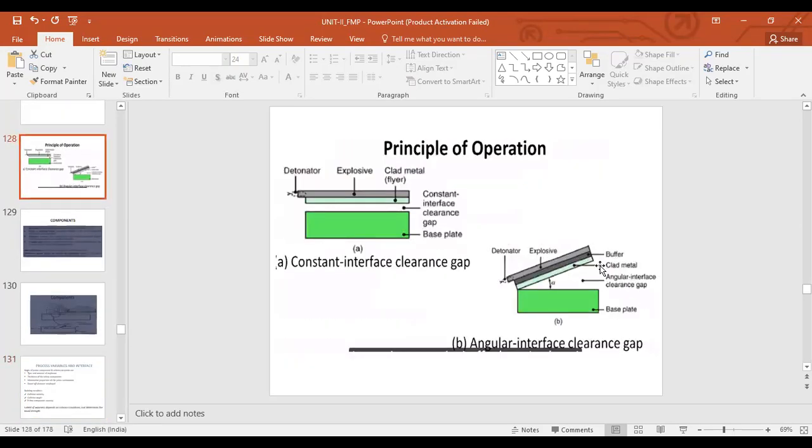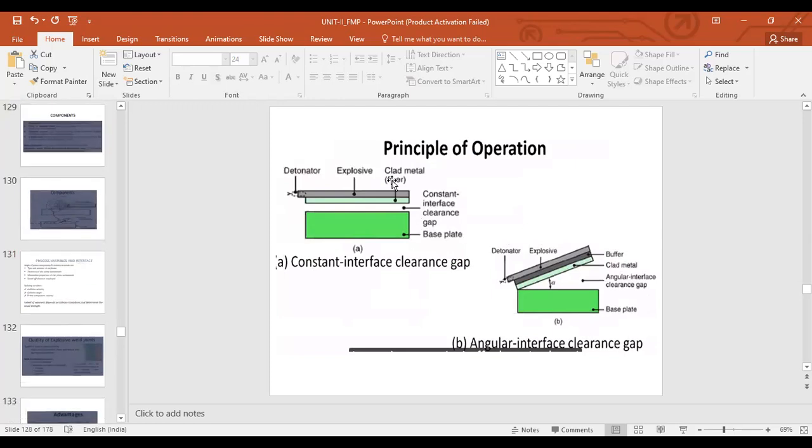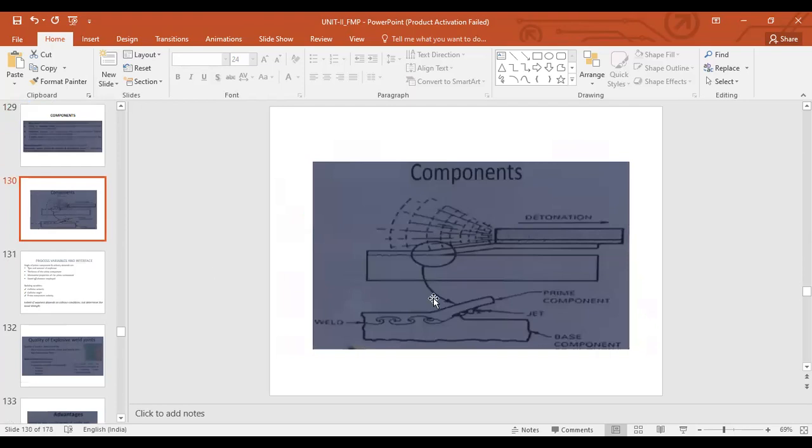You see, this is your clad metal, right, and base plate. So clad metal or flyer, right, it is also called flyer, three names basically. You call it either clad metal or prime component or flyer, right?